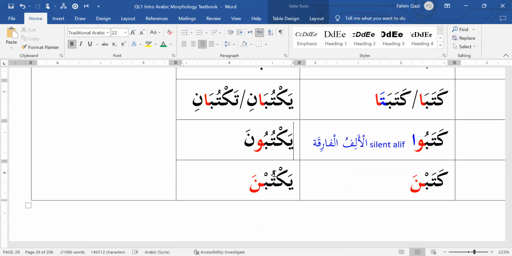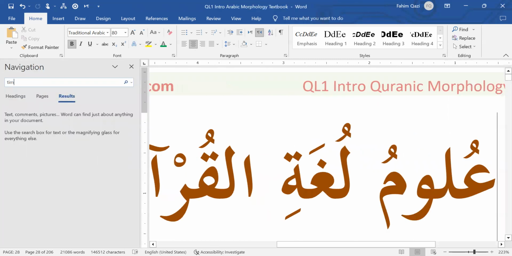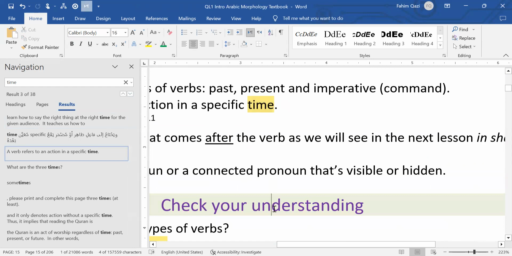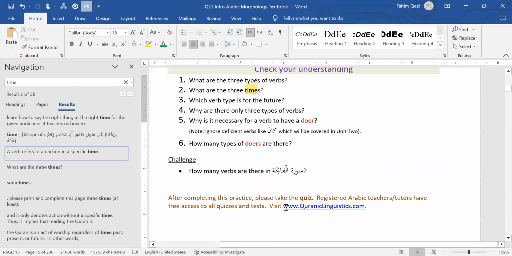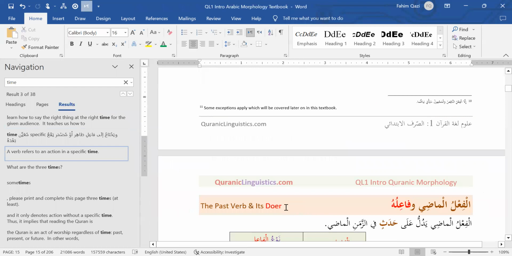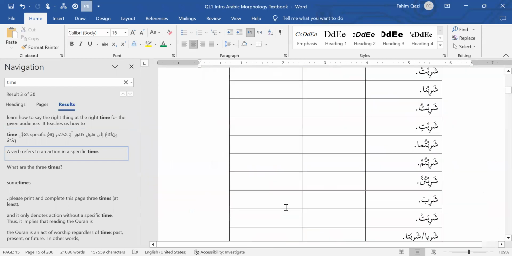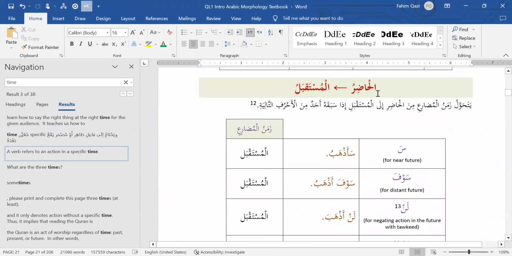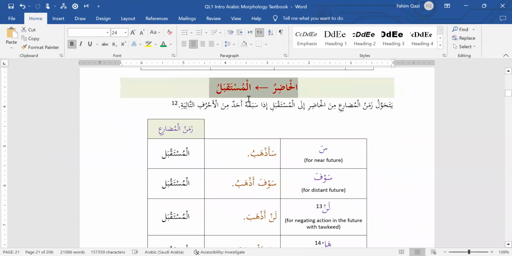The time switches to what? To the future. Okay, so let's review that quickly. Let's go to the al-mudari chapter where we had the concept. Yeah, al-hadir to al-mustaqbal. It's very important to review this.